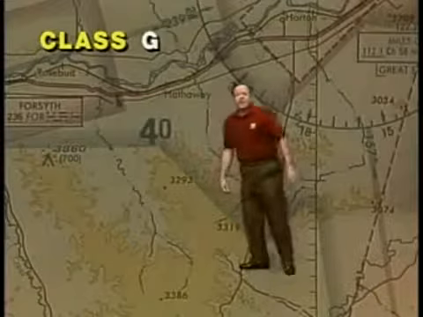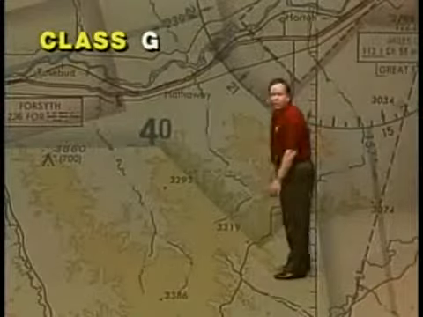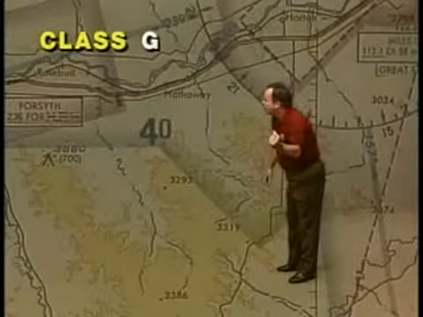So you won't see this in the eastern part of the U.S., and you won't even see the fuzzy side of the blue. Now, what is the significance to you as a VFR pilot and me as a VFR pilot in Class G airspace? Well, once again, you can go for it in Class G airspace because it's uncontrolled. You don't have to talk to anybody to fly in Class G airspace.